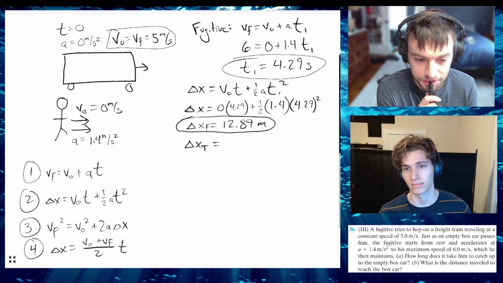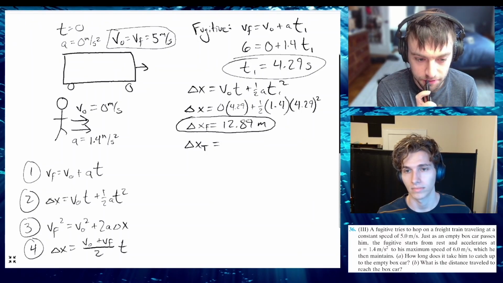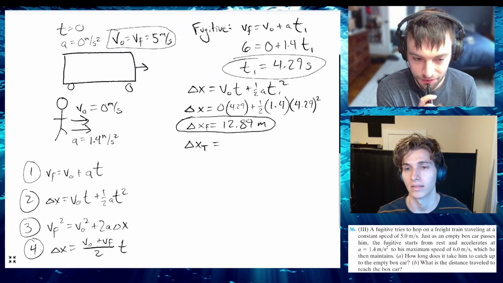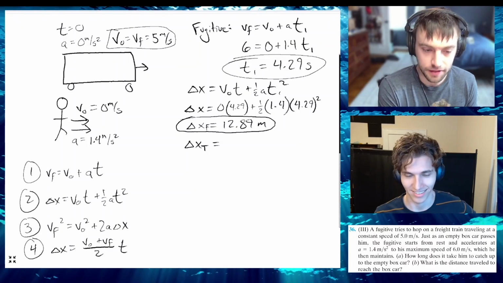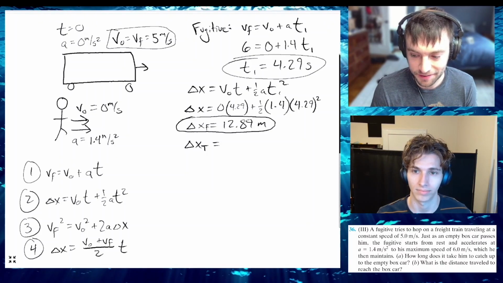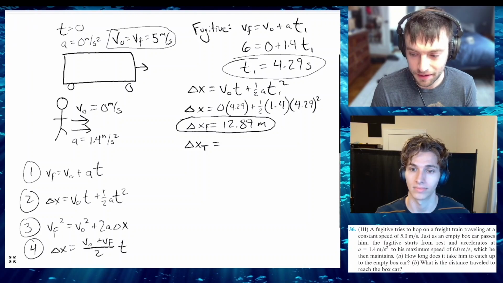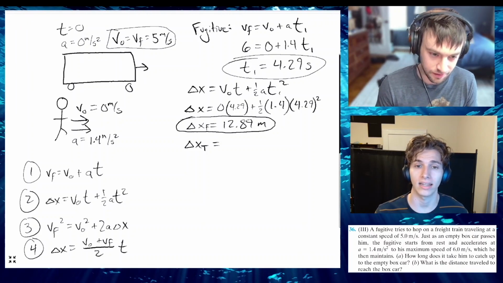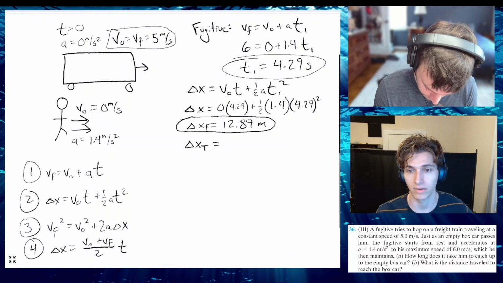So we have the distance that the fugitive traveled. Right. And we're trying to find how far the train traveled. Is it possible to do this same equation again, but plug in what we know about the train instead of the fugitive? Yes. Go ahead and start that. Let me know what I should plug in for v naught, v initial.